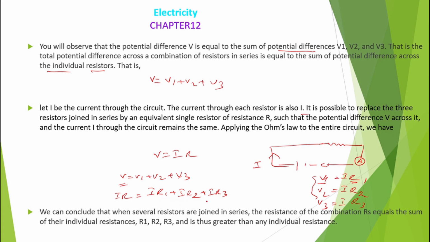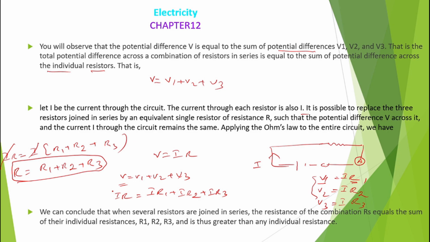You take the common factor out. So IR is equal to I common factor, R1 plus R2 plus R3. I cancels. So R is equal to what? R1 plus R2 plus R3. So this is the derivation for resistors in series connection.